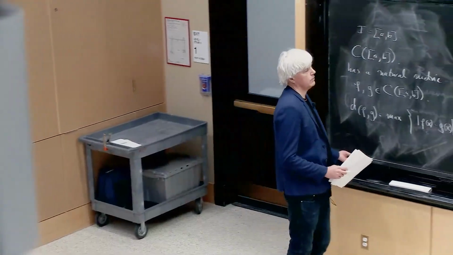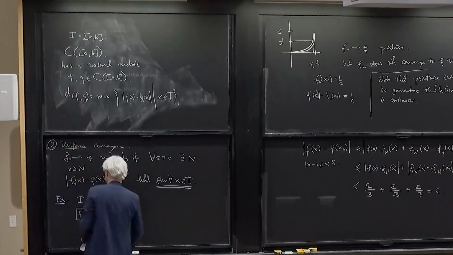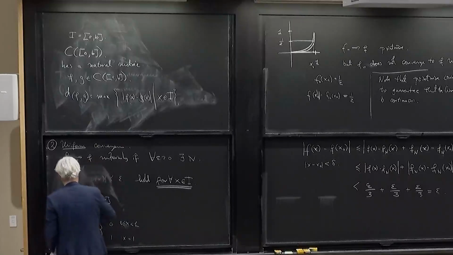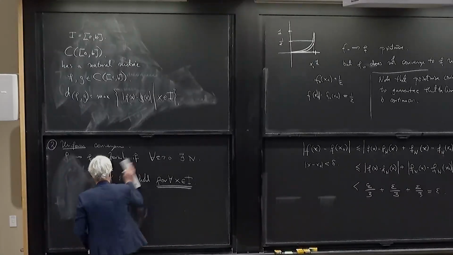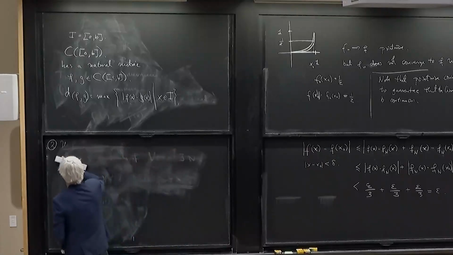Now, to say that the sequence f_n is converging uniformly, you can think about that in terms of this distance.